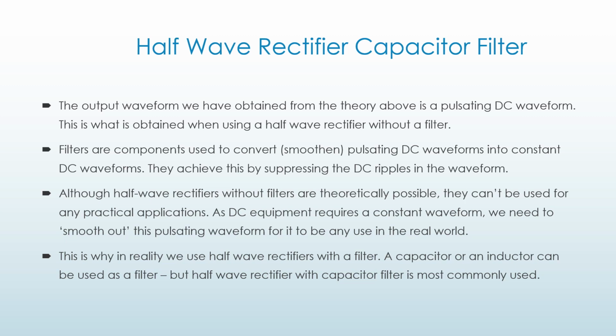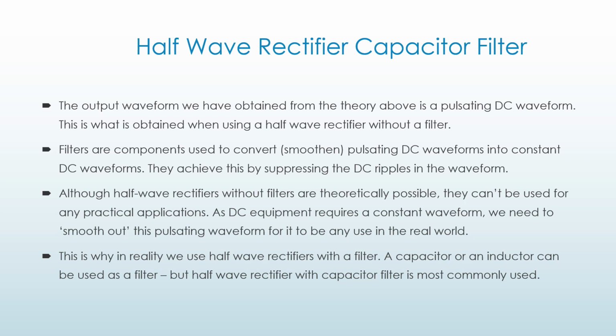Although half wave rectifiers without filters are theoretically possible, they can't be used for any practical applications, as DC equipment requires a constant waveform. We need to smooth out this pulsating waveform for it to be any use in the real world. This is why in reality we use half wave rectifiers with a filter.